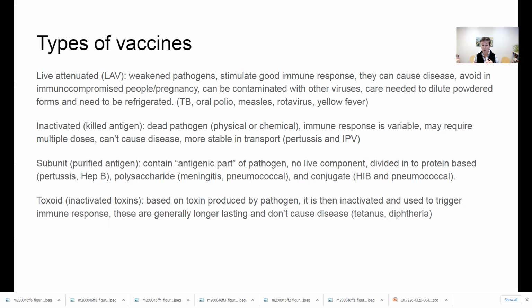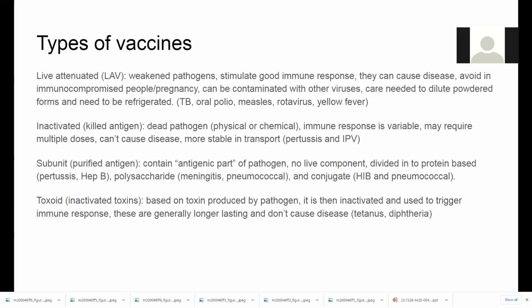It might not be as long lived, so it might require multiple doses. These can't cause a disease, so you're not going to get disease from them. And they tend to be more stable in transport. A couple of those would be pertussis, and inactivated polio vaccine would be another one of those. Again, another childhood vaccine.